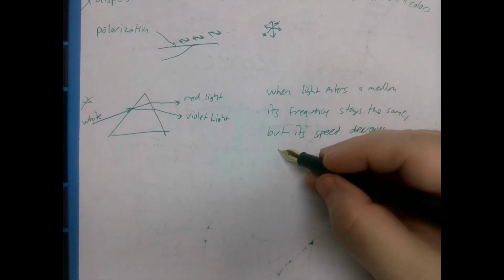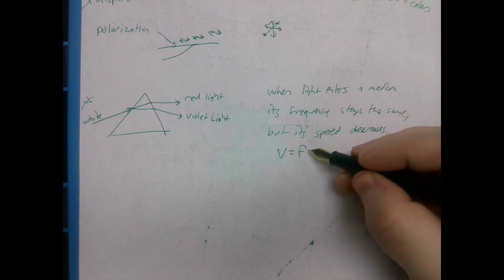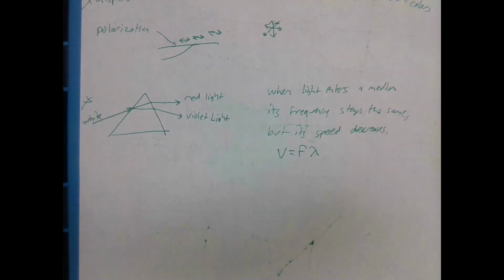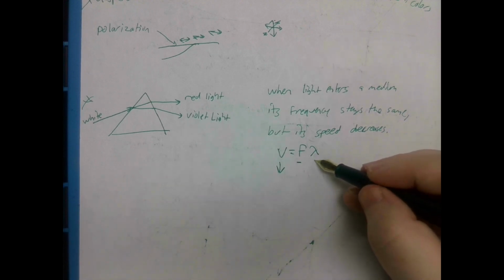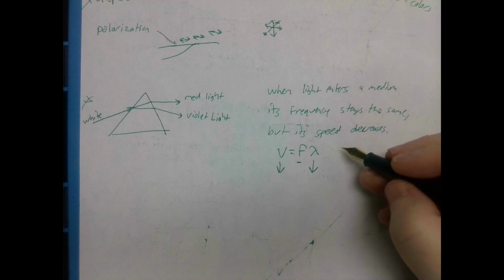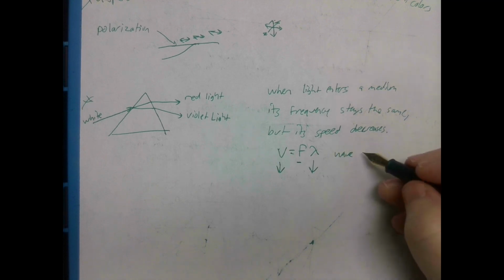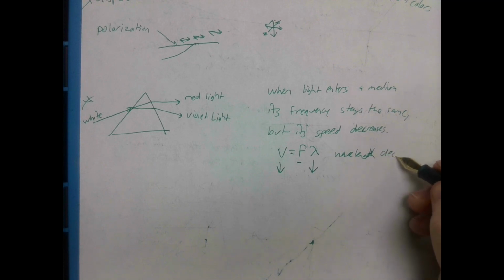Because of the equation, velocity is equal to frequency times wavelength. If velocity decreases and frequency stays the same, then wavelength must also decrease. So wavelength decreases too.